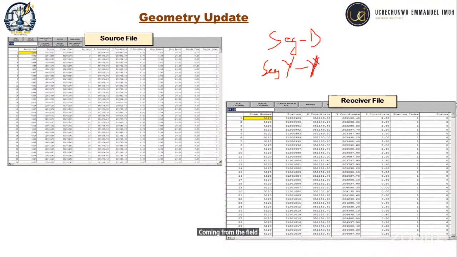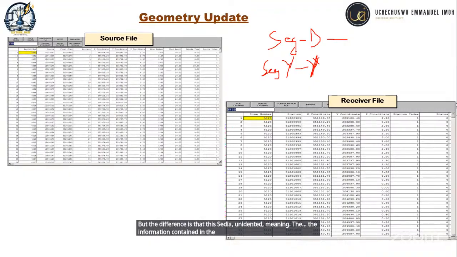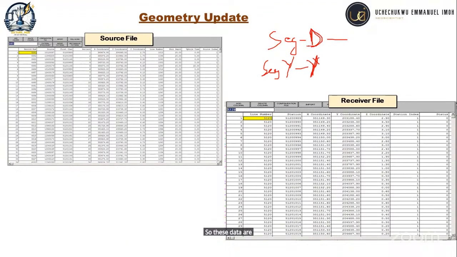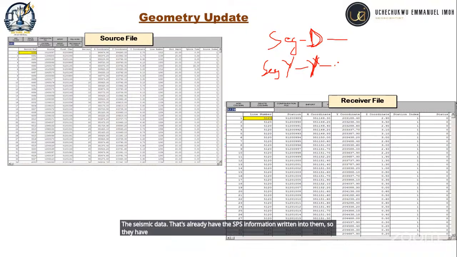They contain the same information, but the difference is that seg-D is unidentified, meaning the information contained in the SPS file is not inside this data. These are just the raw seismic data, while the seg-Y files are seismic data that already have the SPS information written into them. So they have geometry information written into them.